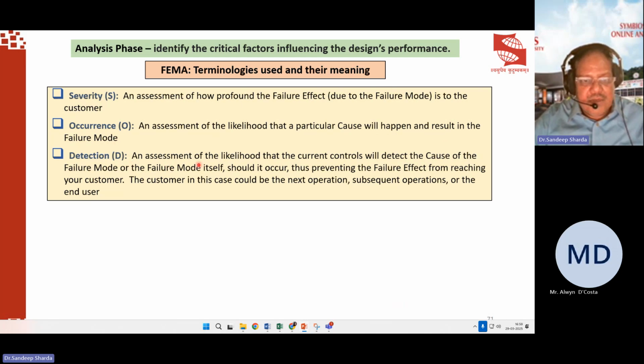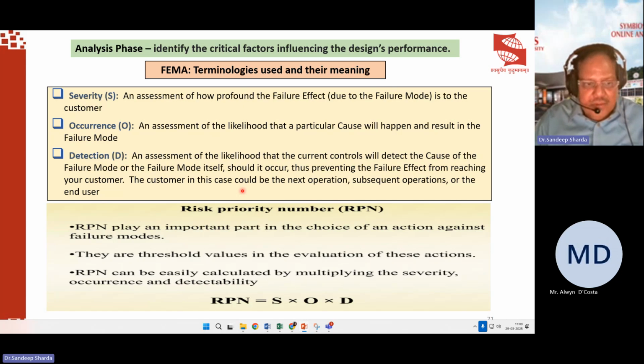And detection will be an assessment of the likelihood that the current control will detect the cause of the failure mode, or the failure mode itself should it occur, thus preventing the failure effect from reaching your customers. Customer in this case could be the next operations, subsequent operations, or the end users.